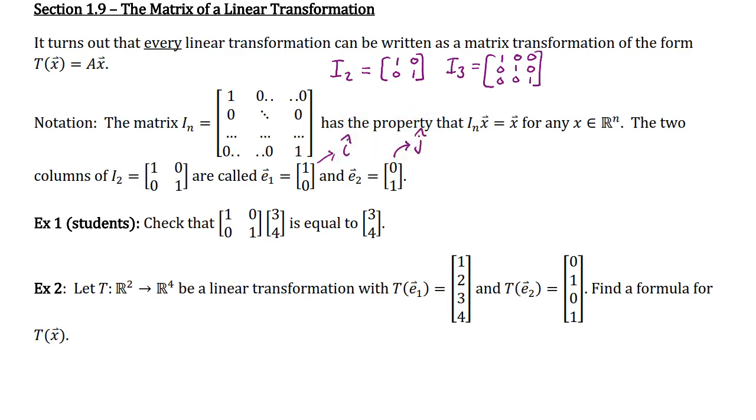So this is just another name for i hat and j hat. The reason why we're calling them E with subscripts is because what if we have the I-27 identity matrix and we don't have enough letters, so we want to give them numbers instead. You can check by multiplying if you want that when you multiply this by 3, 4, you get 3, 4.